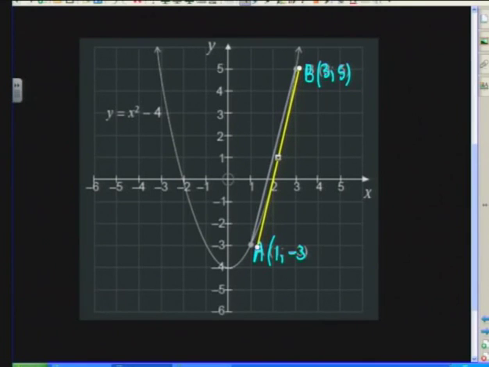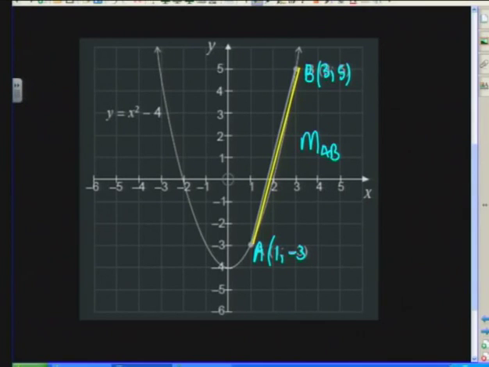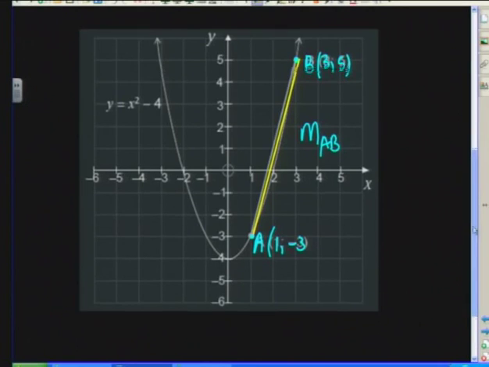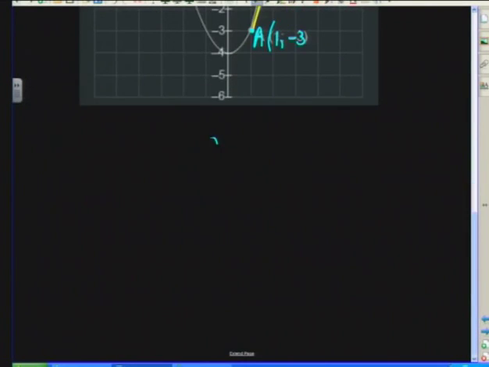There we go. So if I draw a straight line from the points A to B, then the gradient of the straight line AB will give me the average gradient of the curve between the points A and B. So all I do to answer the first part of the question, the average gradient between those points, I know I use the formula for gradient, and this is the gradient of AB.